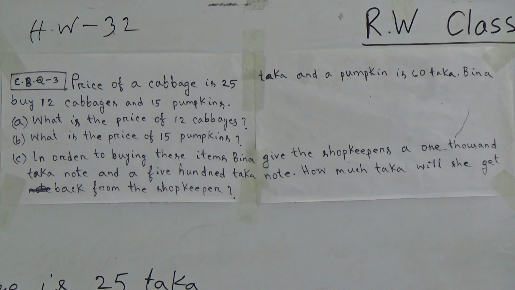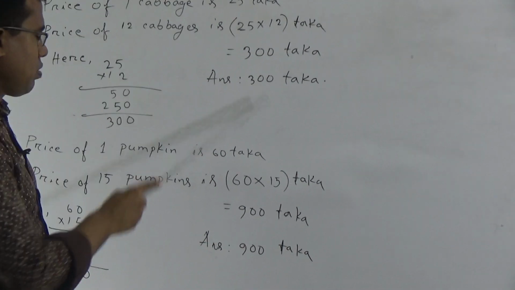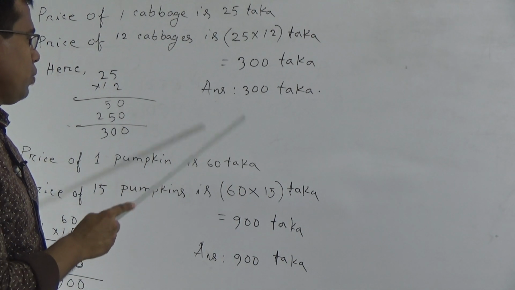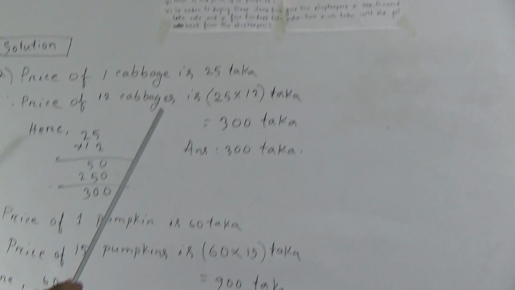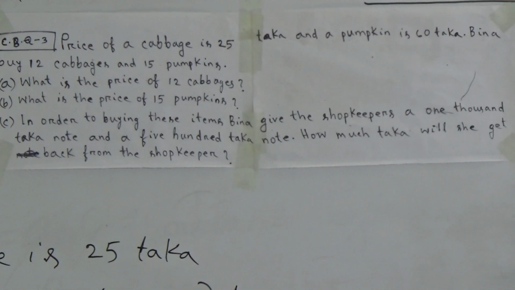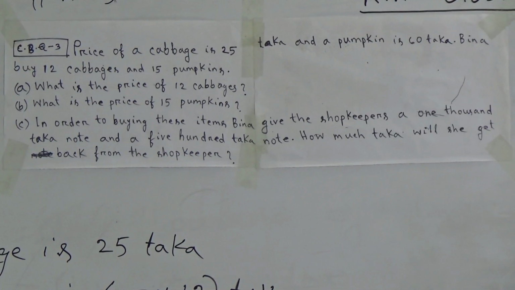Total 1500 taka she has given to the shopkeeper, and her total cost is 300 plus 900. That means we have to add 300 and 900, which equals 1200, and we have to subtract this 1200 from 1500, then it will be 300 and our answer will be 300.